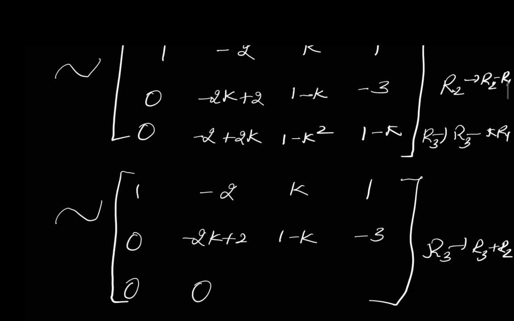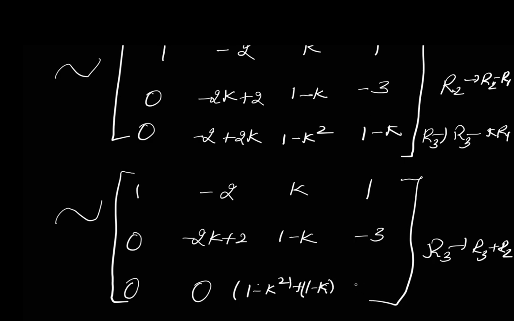And the second one you will get here. Here is 1 minus k squared plus 1 minus k. You just add. Otherwise, you can write it as it is.